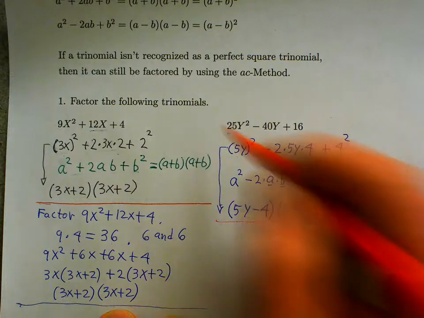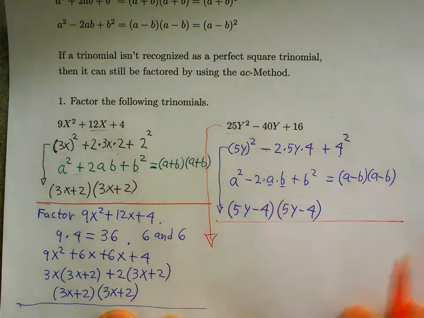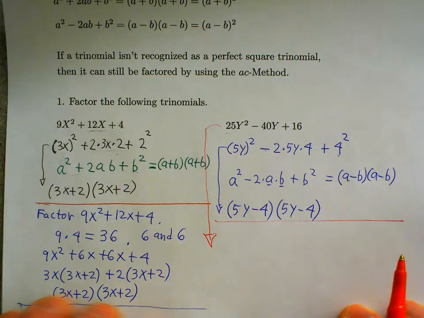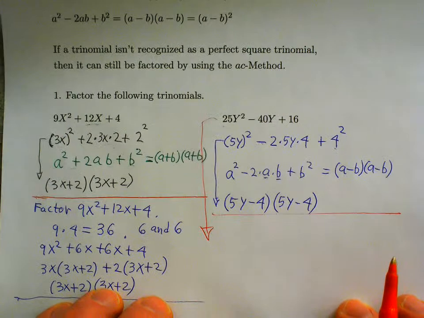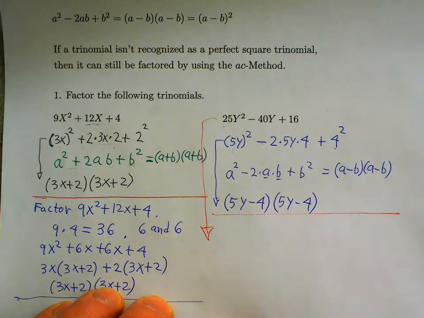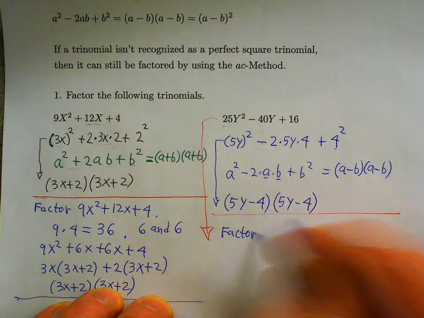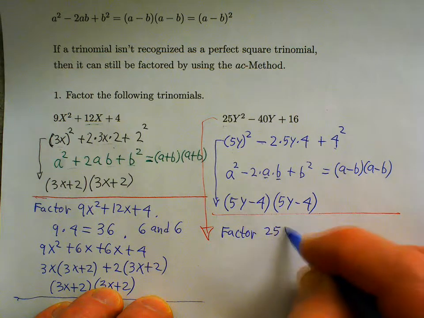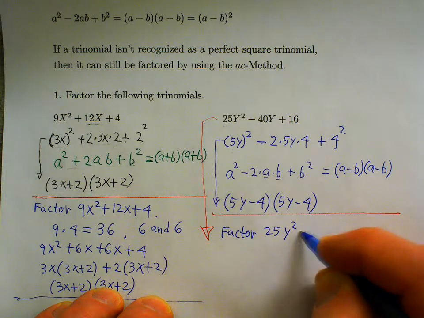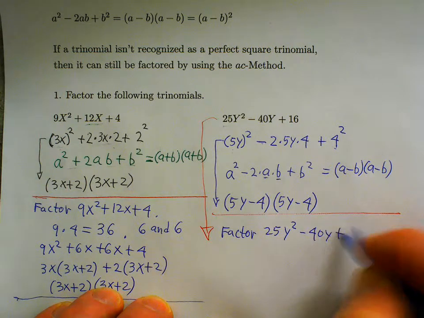Okay, let's use the AC method. So the AC method, so we're going to factor the same one over again. Factor 25y to the second minus 40y plus 16.